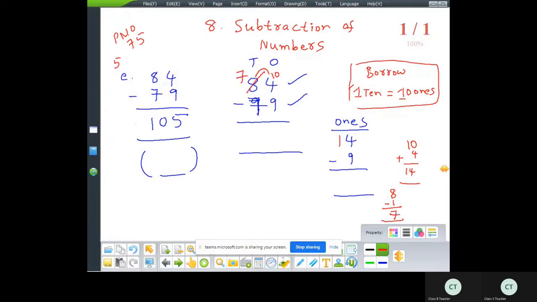Now subtraction on 1. From 14, we subtract 9. 14 means draw 14 lines. 1, 2, 3, 4, 5, 6, 7, 8, 9, 10, 11, 12, 13, 14.